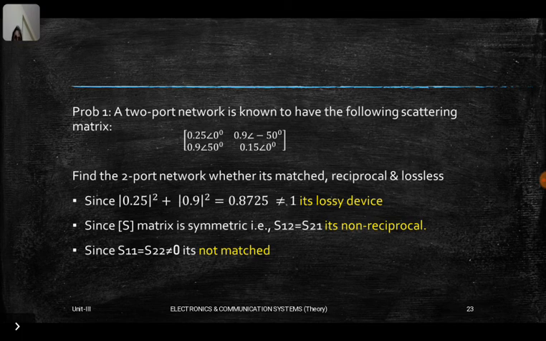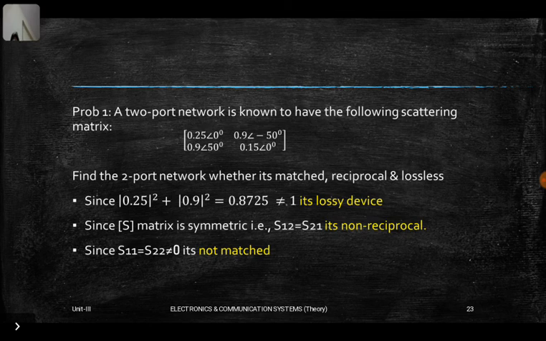As I told you, the S matrix can be complex numbers in rectangular or polar format; with magnitude and angle, it is polar. Find whether the network is matched, reciprocal or lossless, that is, which of the three properties are satisfied and which are not.